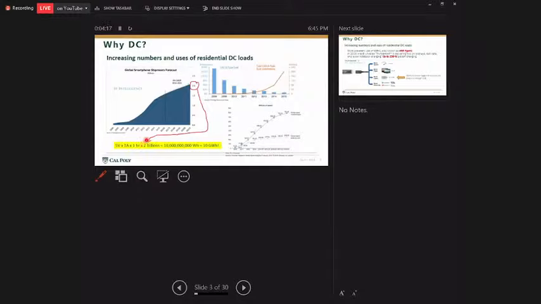But if you multiply it by the number of units around the globe, look at the number there. It becomes huge, right? 10 gigawatt hours of energy being used by just smartphones. Imagine LEDs, tablets, and guess what? This energy is being processed through DC internally.